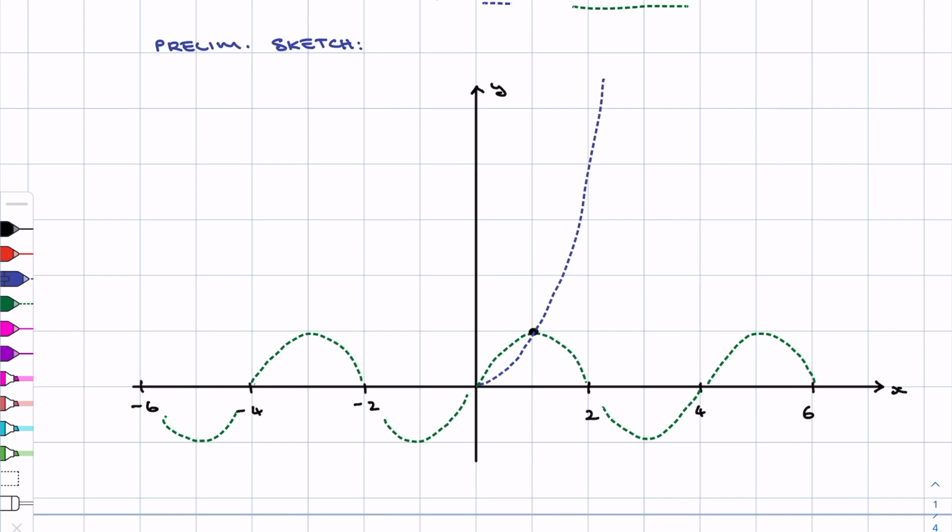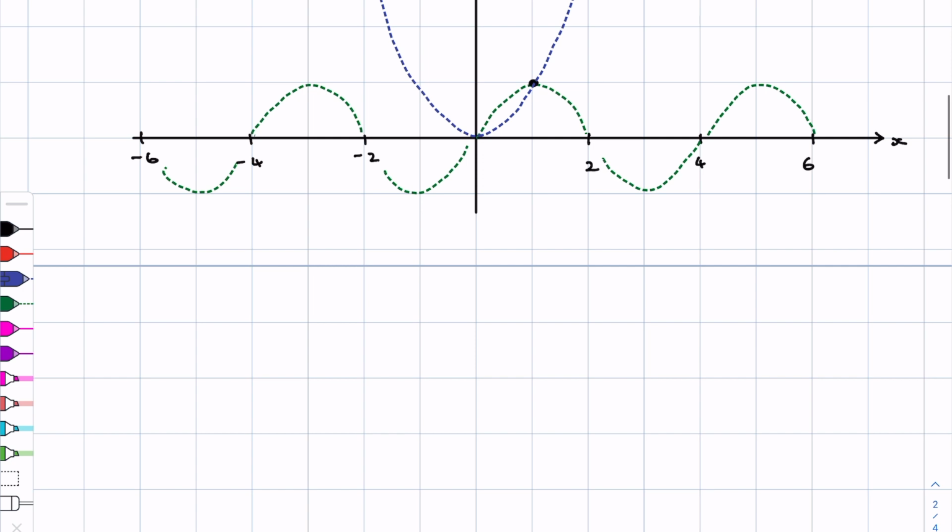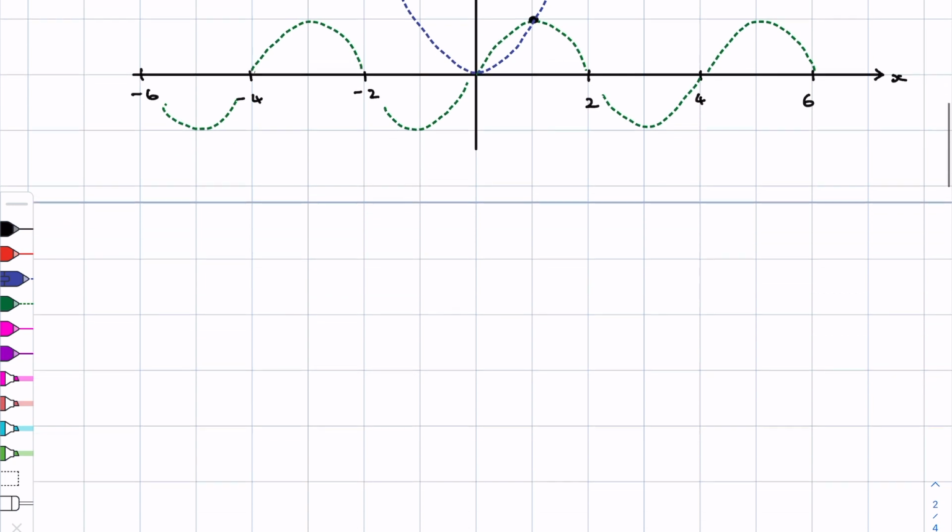So it's going to look a little bit like the function that we're after. Okay, so there I've got a preliminary sketch. I haven't started sketching what h(x) is going to be, but I've just gone ahead and sketched f(x) and g(x) separately. All right, my next part now is to have a look at my points of interest.